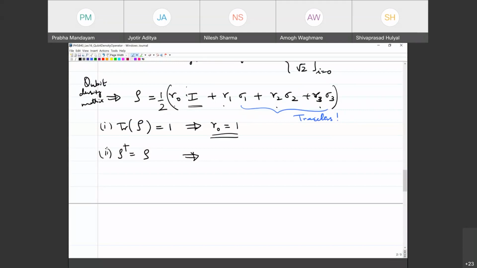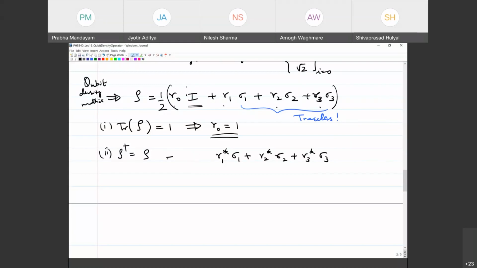So because sigma 1, sigma 2, sigma 3 themselves are Hermitian, correct? So if rho dagger must be the same as rho, then I must have R1 star sigma 1 plus R2 star sigma 2 plus R3 star sigma 3. There's also the half, okay.